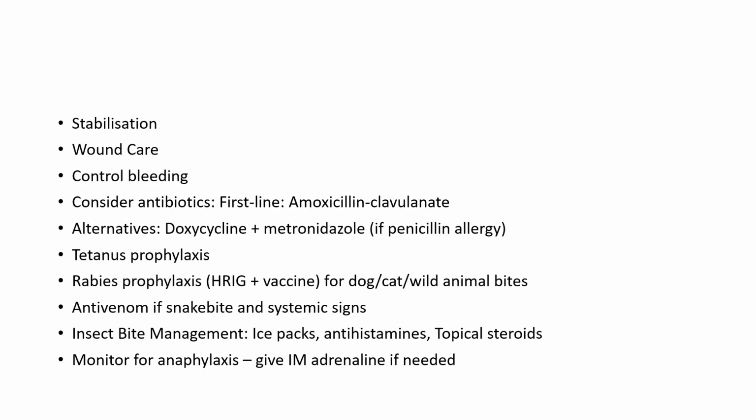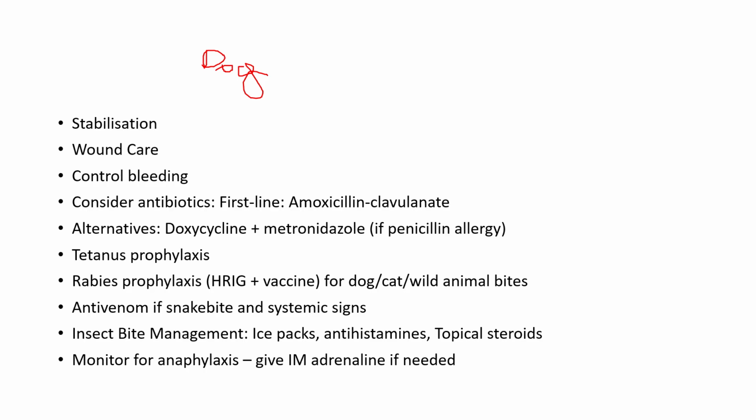If it's a dog bite, what do you do? You categorize the wound. In dog bite, there are three categories of wound. Category 1 is where maybe a dog has licked over intact skin.